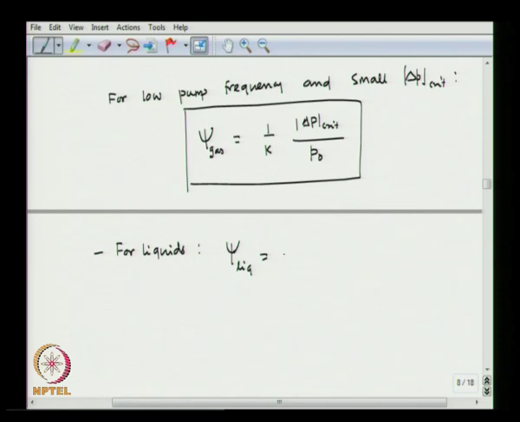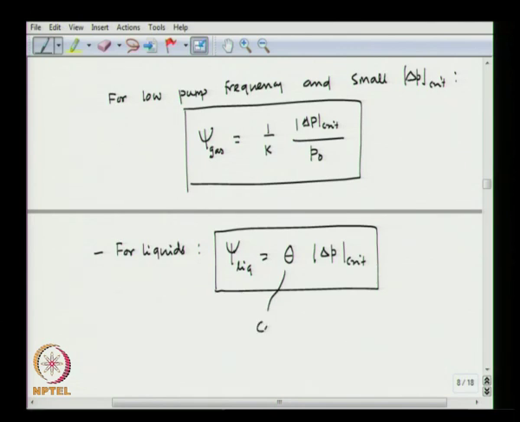The compression ratio is theta into delta P critical, where theta is the compressibility of the liquid, which is typically 0.5 into 10 to the power minus 8 meter square per Newton for water.